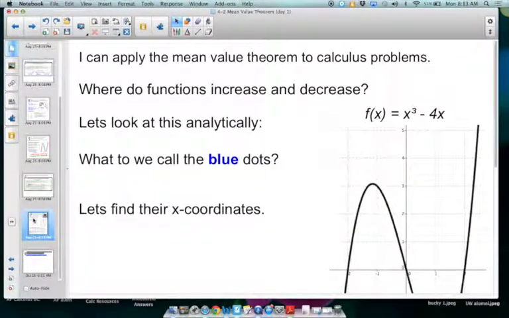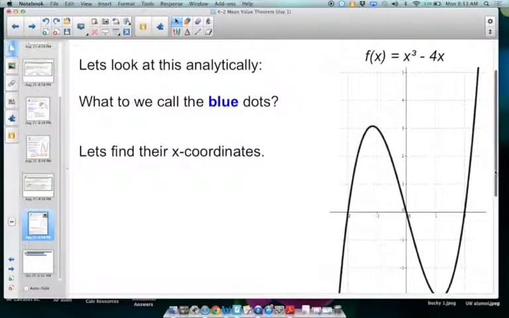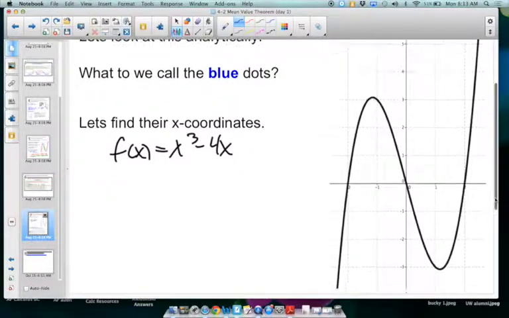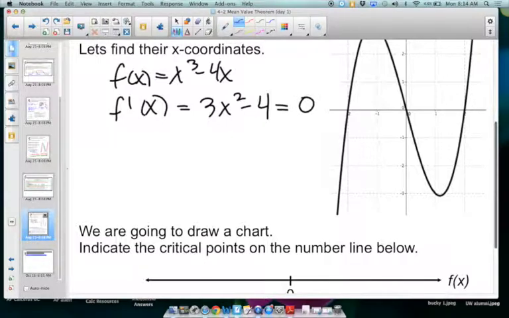So if we look at this function, we know the blue dots are the derivative. Let's take a look at that derivative. So x cubed minus 4x. What's the derivative? Okay, so how do we find those critical points? Equals 0, right? Critical points are 0 slope.